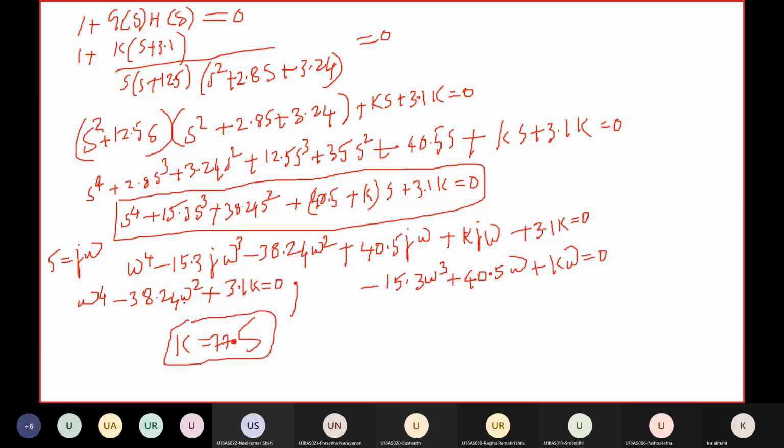This is the gain when the root locus branches cross the imaginary axis. Therefore, it is a limiting value of gain, which will tell us about the stability of the system. If we exceed the gain value more than 77.5, then the aircraft becomes unstable.